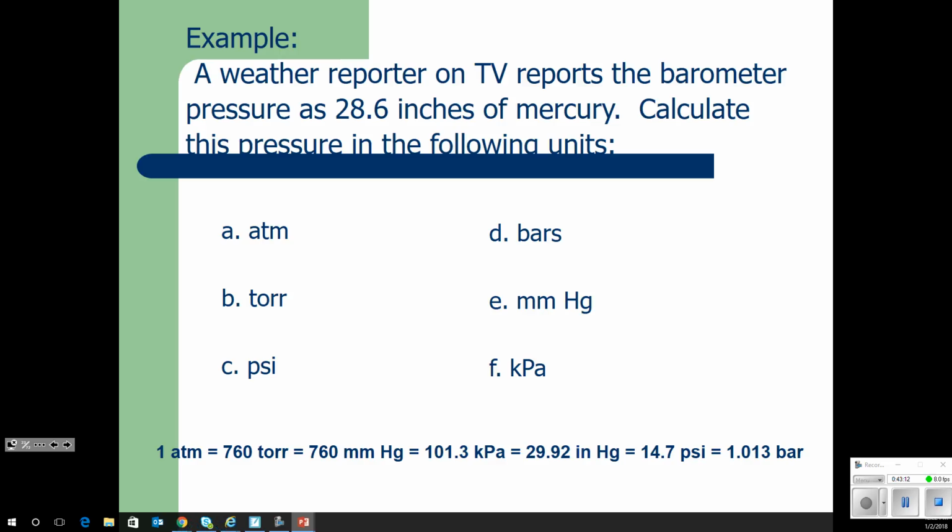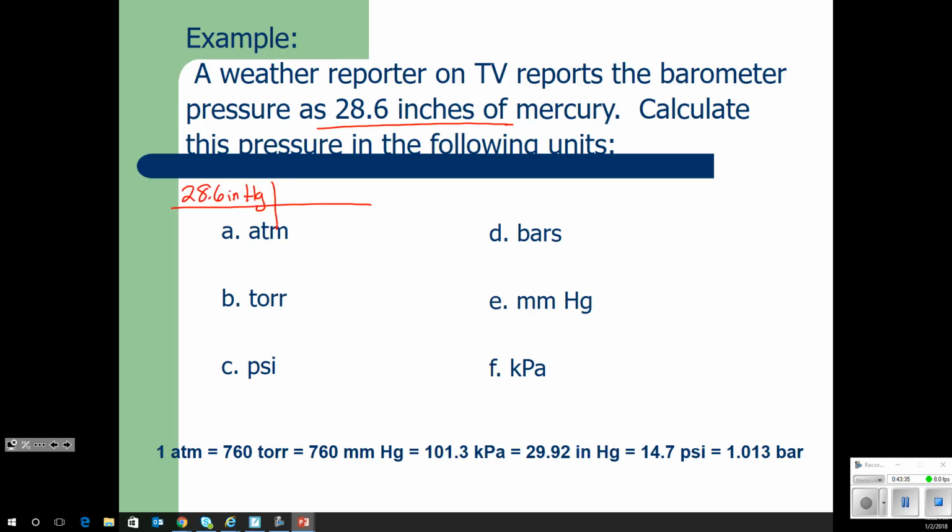Okay, so we're going to do some dimensional analysis right now. I'm going to set up the first two for you, and you're going to do the rest. So here we have a weather report, and it says that it's 28.6 inches mercury. I don't want it in inches. I want it in something else. Okay, watch. Start with what you're given, 28.6 inches mercury.